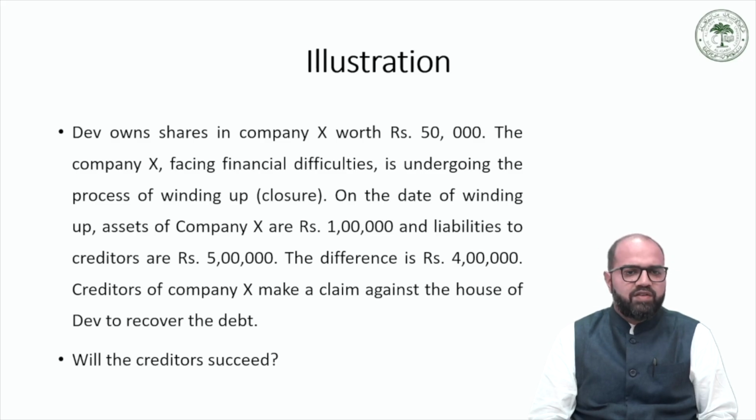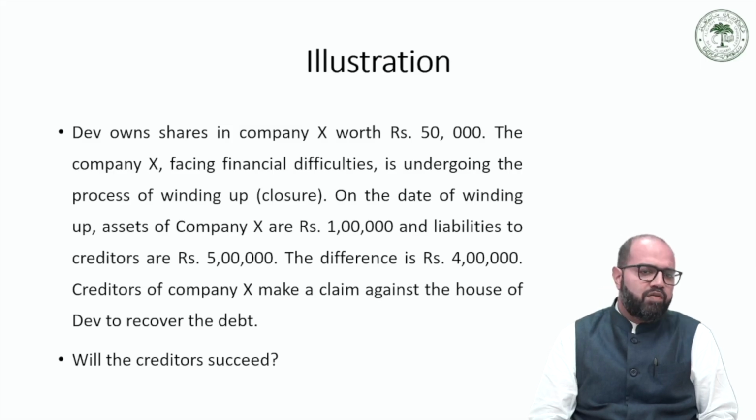So in this case, there is a person named Dev who owns shares worth rupees 50,000 in a company named X. Now this company X falls into financial difficulties and therefore undergoes the process of winding up, which is closure.